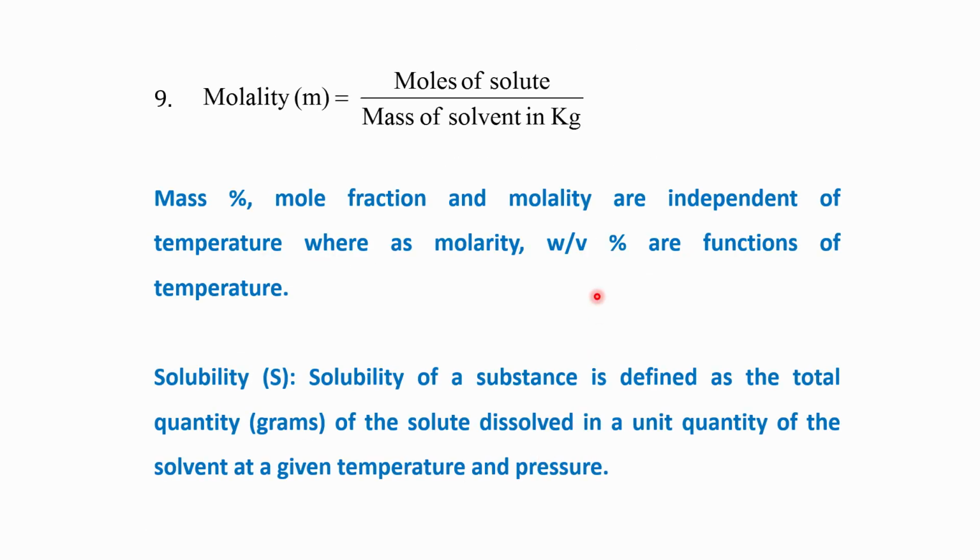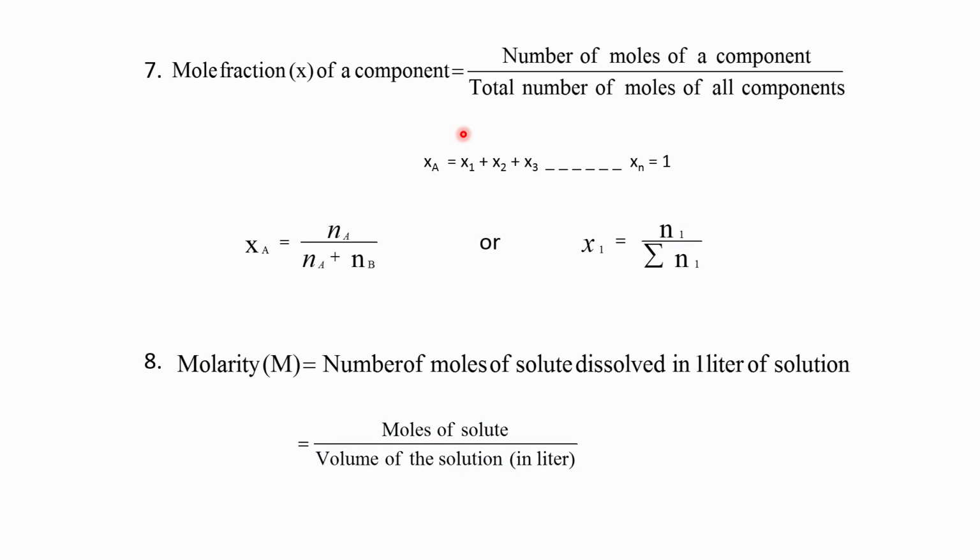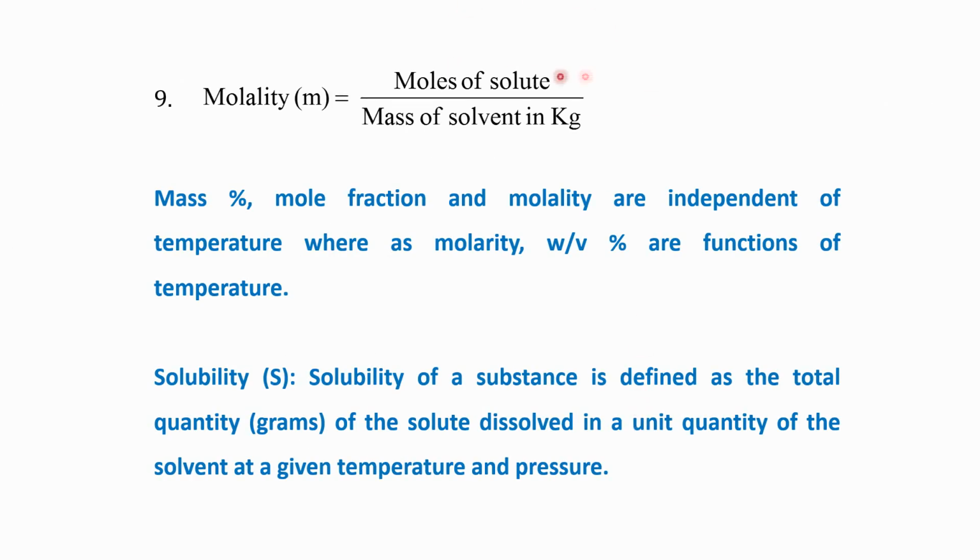So, molality also refers to moles of solute. Here also it is moles of solute only, as in molarity, but the denominator differs. Volume of the solution in liters gives you molarity, and mass of the solvent in kg gives you molality.